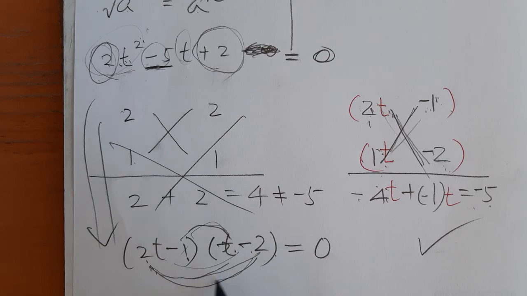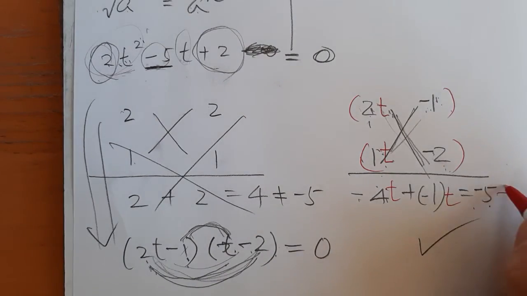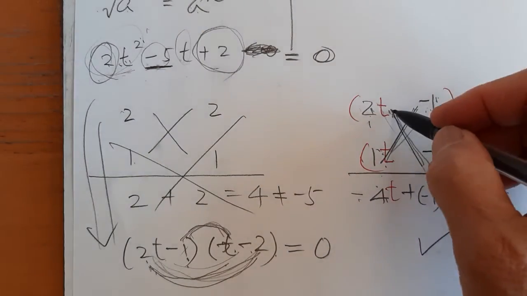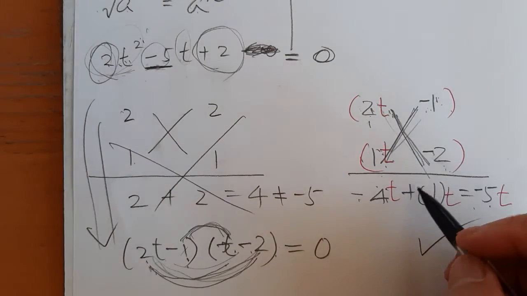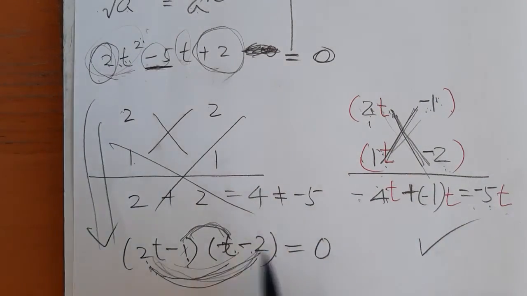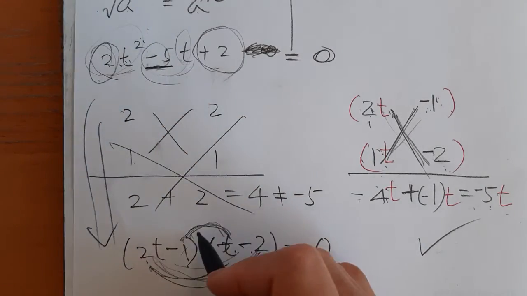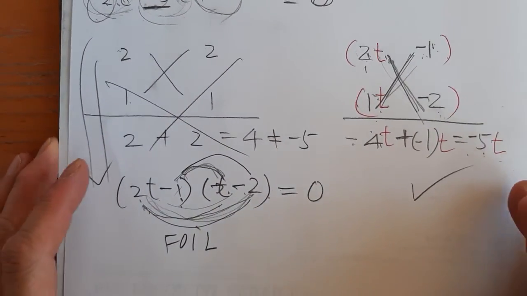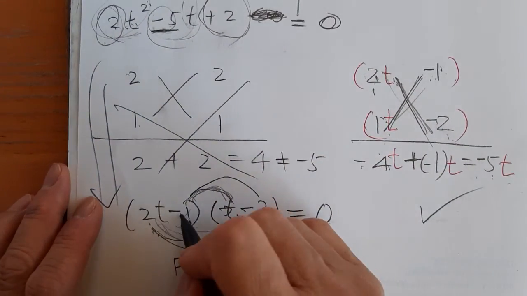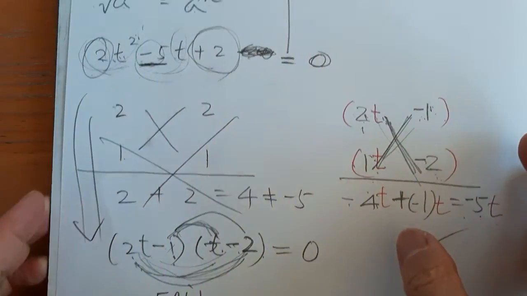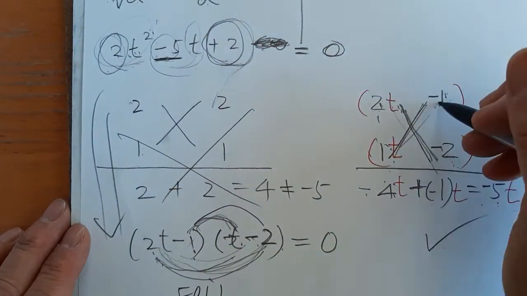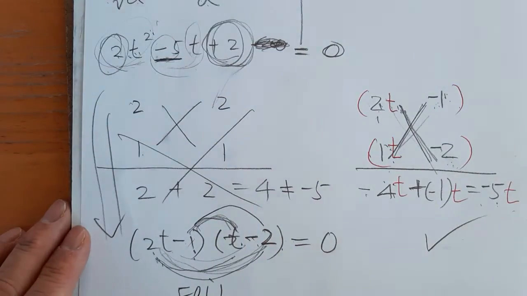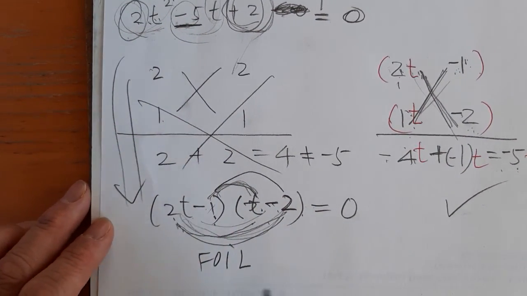So outer term product, negative 4t, added with the inner term product, negative t, combined is negative 5t, which is the middle term. Then the last term product, negative 1 times negative 2, is a positive 2, which is this. So you check it is right.